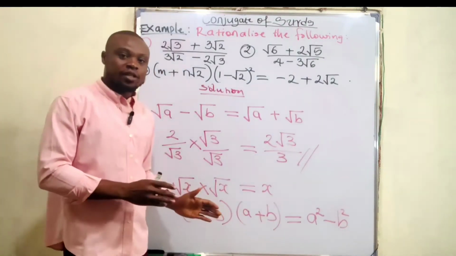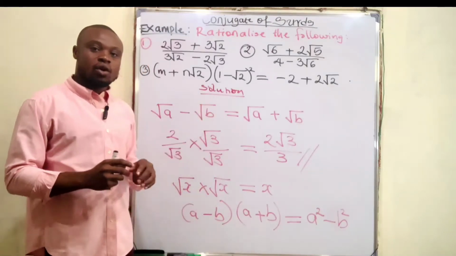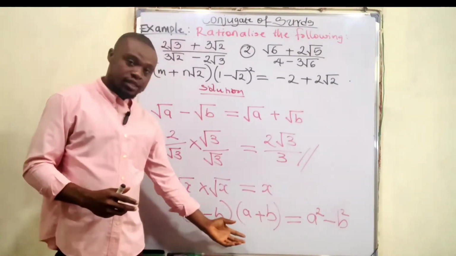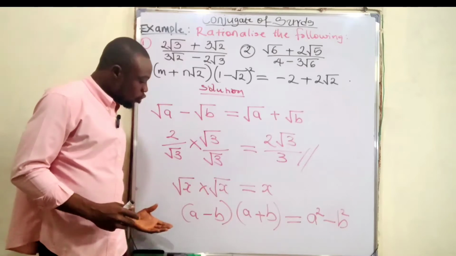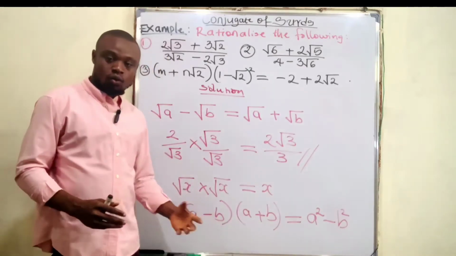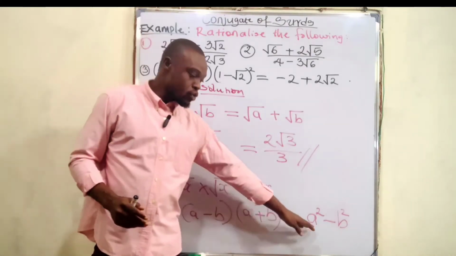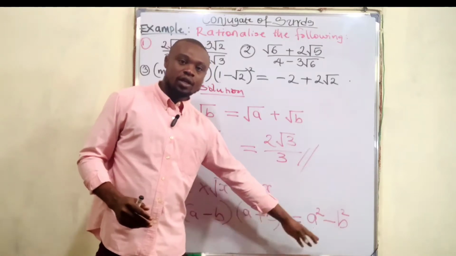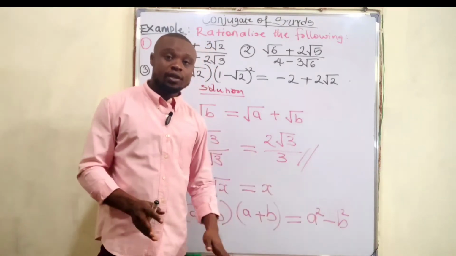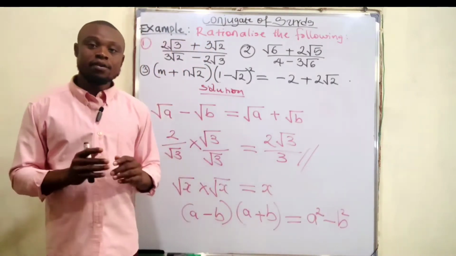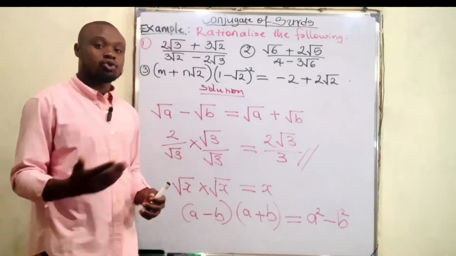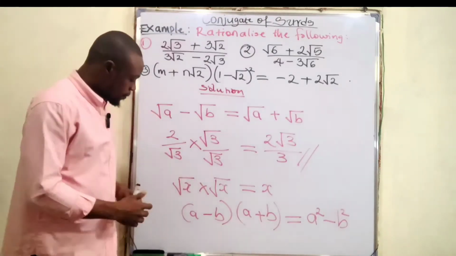So in solving these questions, we are going to encounter something like this. So instead of opening the brackets, we'll just go straight to squaring the individual a and the individual b, as the case may be. So let's now go straight into the examples.